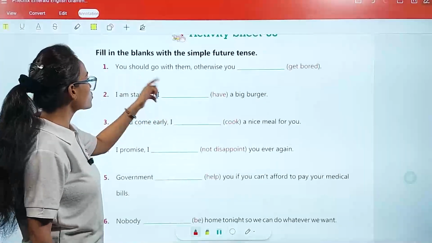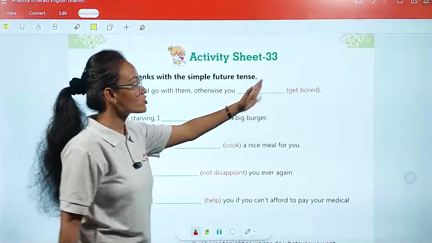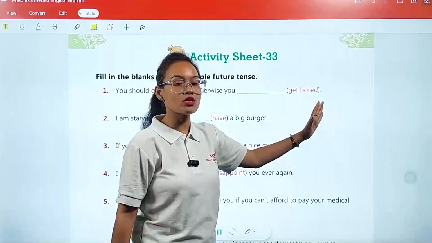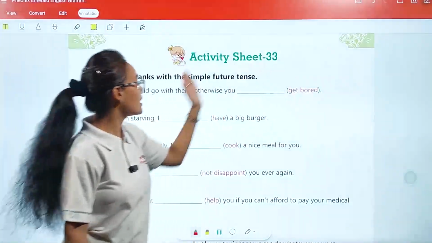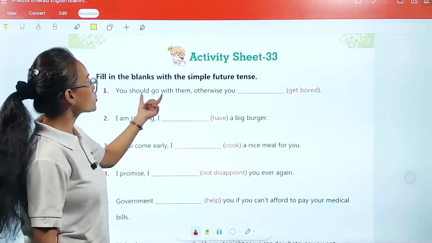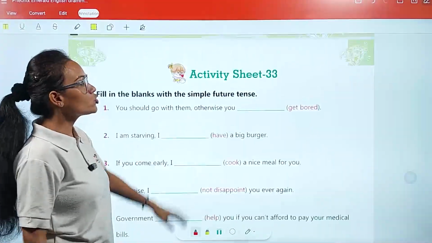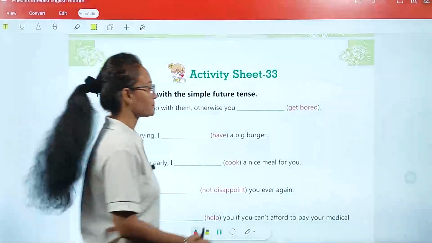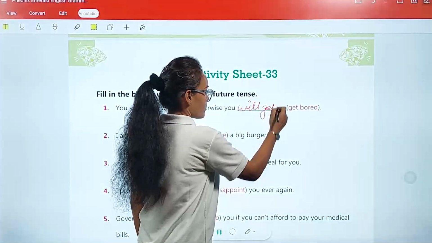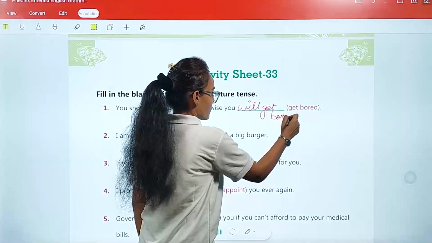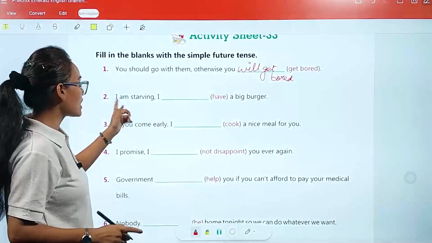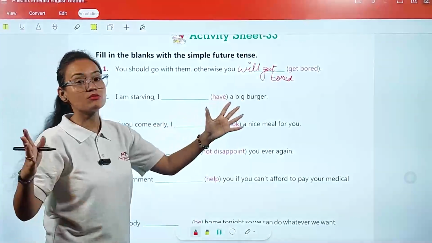First one is, you should go with them, otherwise you, get bored. The verb is written under brackets, and now we are going to convert it into future tense. You should go with them, otherwise you will get bored. Second one, I am starving. I, a big burger.